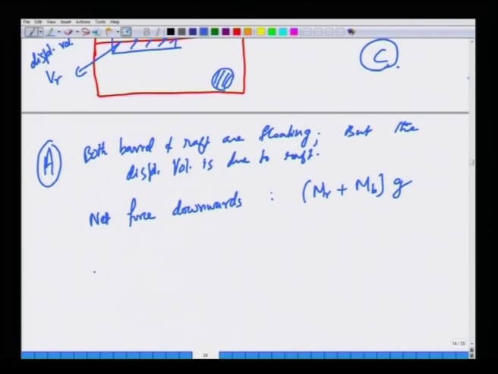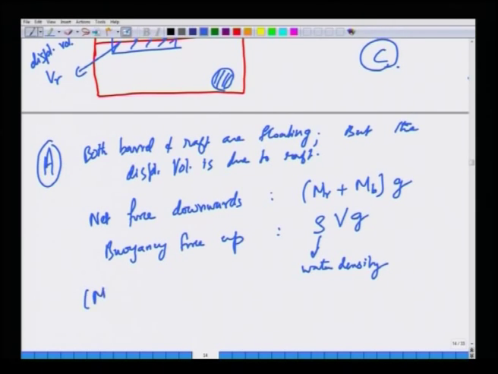If this combination is to be floating, then this must be balanced by the buoyancy force upwards, which is nothing but rho water, which I denote as rho. This is the density of water, okay, times V r. Let us call it just V. That's the notation we used, times g. Okay. So, the condition for floating in the first case, case A, is m r plus m b times g is rho V g.